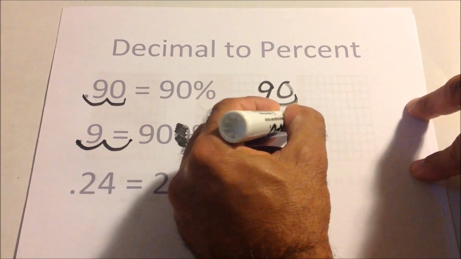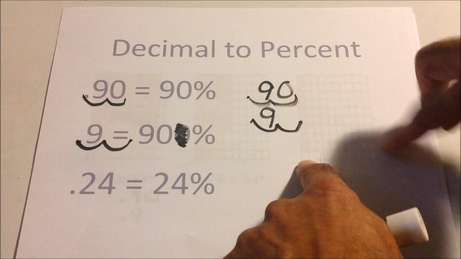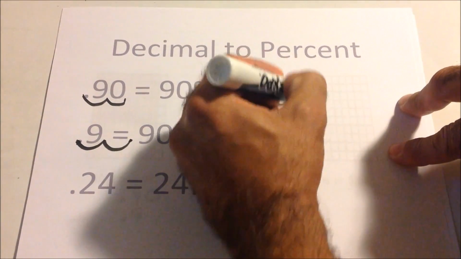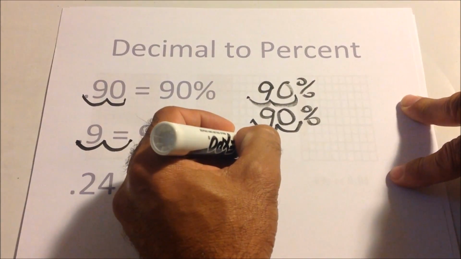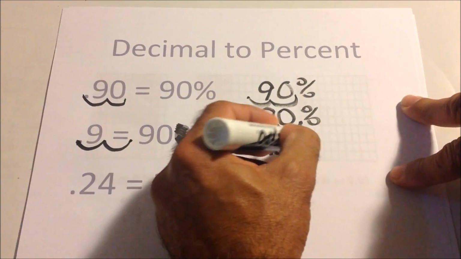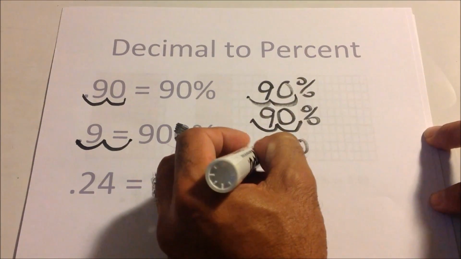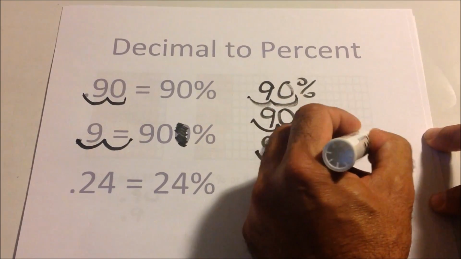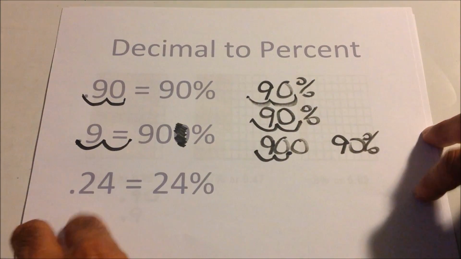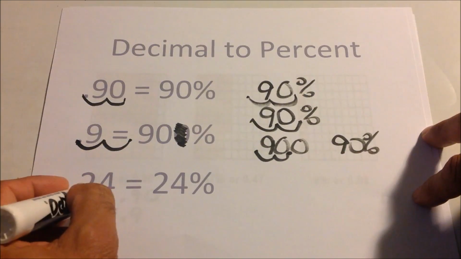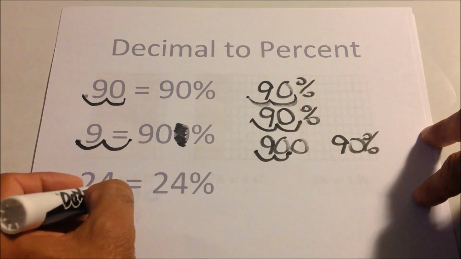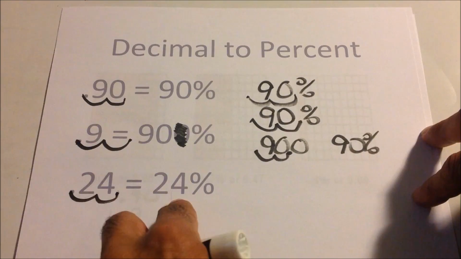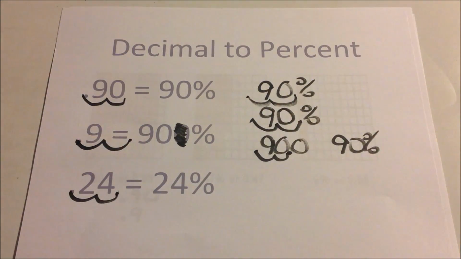Remember, anytime you have a gap, you put a 0 in. You can even see if it was 0.900, it's the same thing. 1, 2. 90.0% is just 90%. If we had 0.24, just move it twice: 24%. When you move it twice, the decimal becomes a percent sign. So that's how we can make percents from decimals.